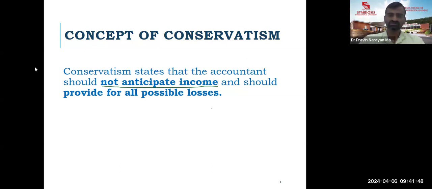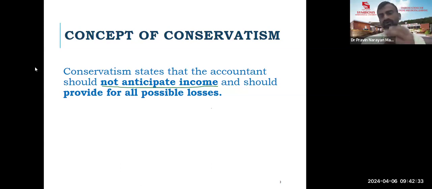Okay, so this aspect emphasizes the need to anticipate and account for potential losses or expenses even if they haven't occurred yet. This could involve setting aside reserve funds or amounts for expenses in the coming future. For example, light bills or rent expenses will have to be paid in the coming period of time.